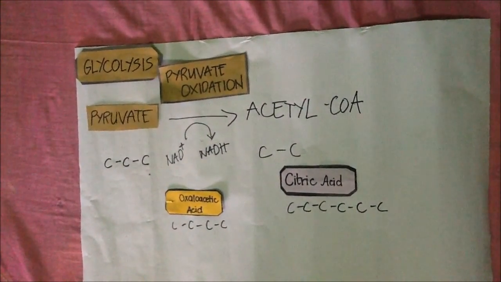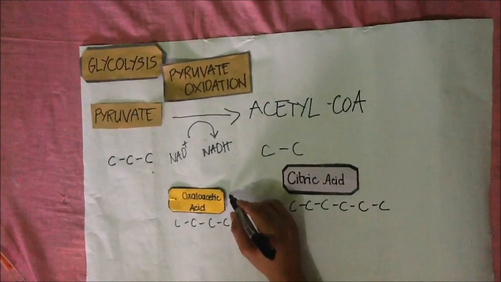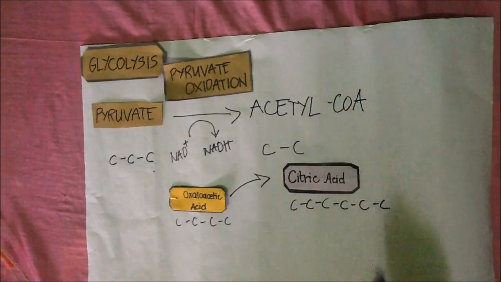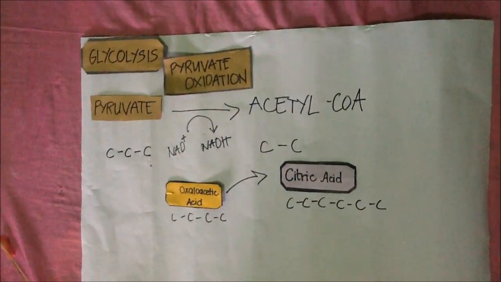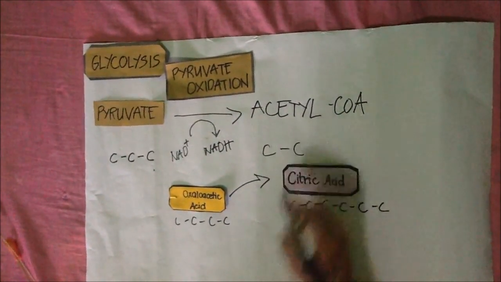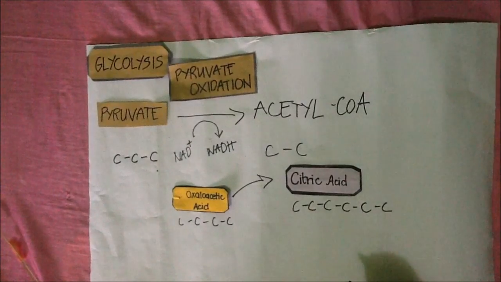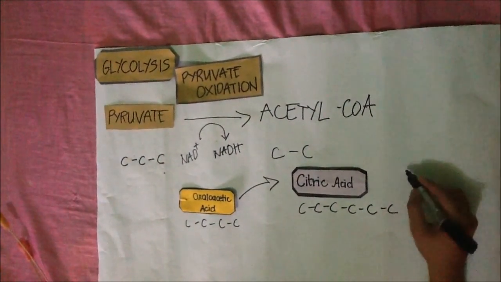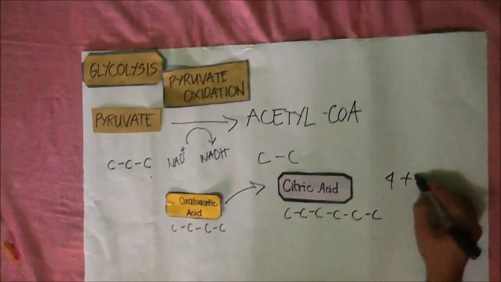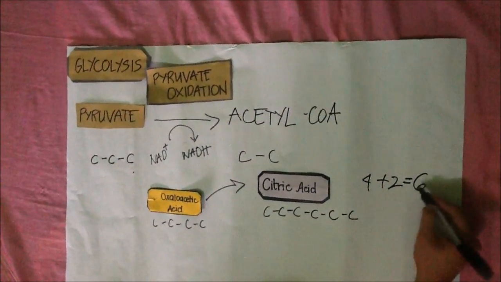Now, you have a 2-carbon compound from acetyl-CoA and a 4-carbon molecule from oxaloacetic acid. Combine these two, and you have citric acid, a 6-carbon molecule. See, it makes sense: 4 plus 2 equals 6.